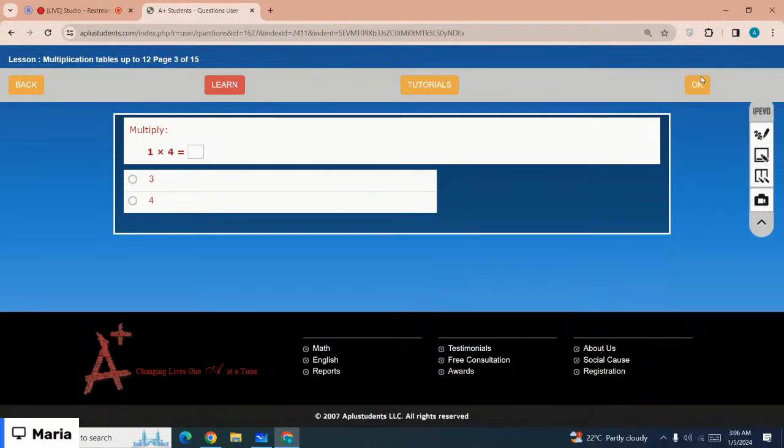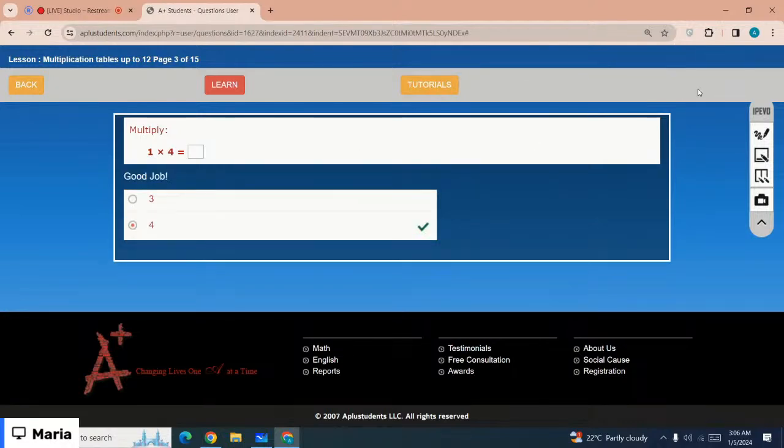The next one is 1 times 4. Which is the correct option? 1 times 4 equals, very good. The correct option is 4. 1 times 4 is 4.